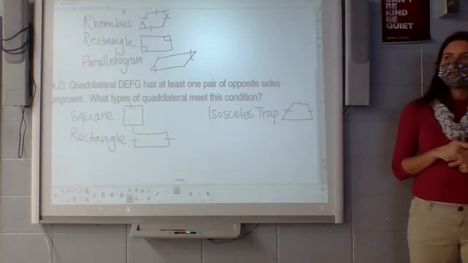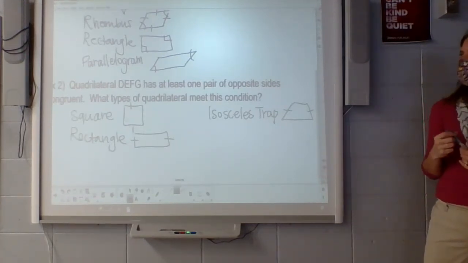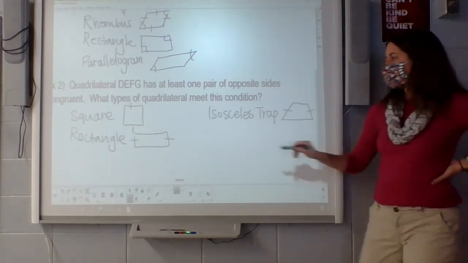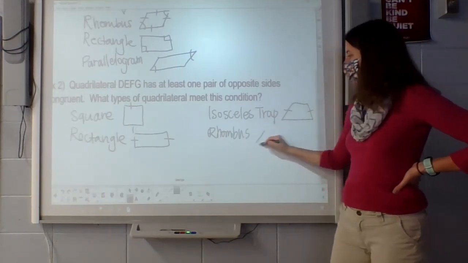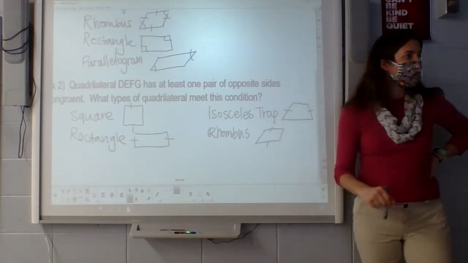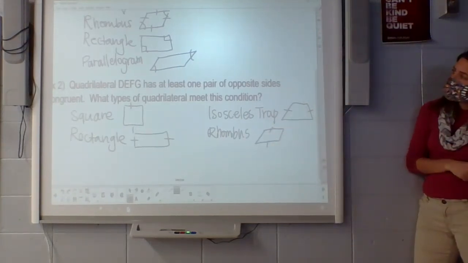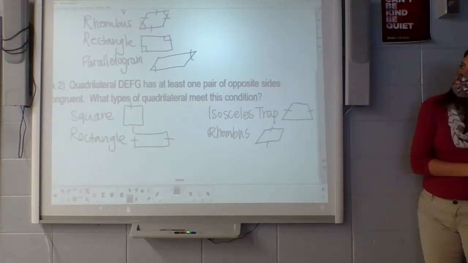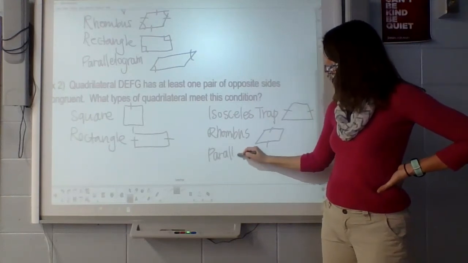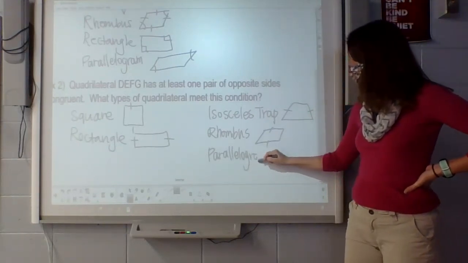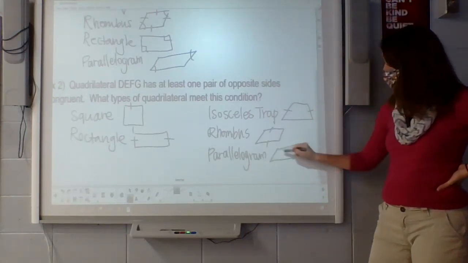Okay, someone other than Michael. Go ahead. Isosceles trapezoid. There we go, our isosceles trapezoid. This one does work, because it does have those opposite legs that are equal. At least one pair that works.